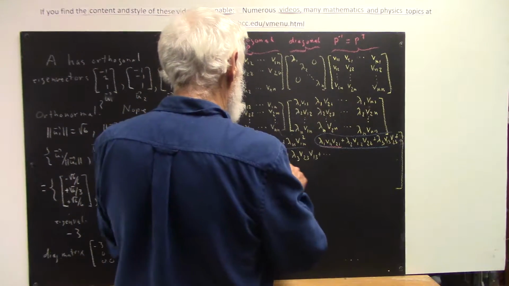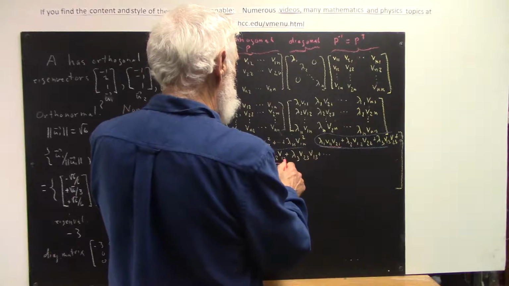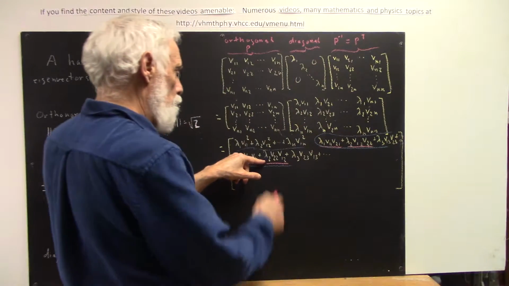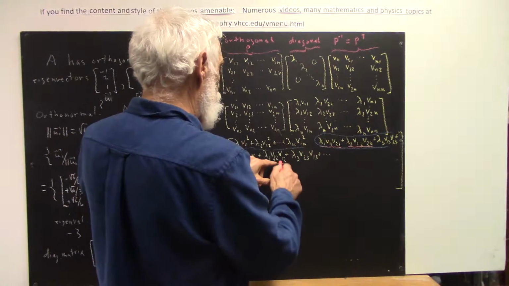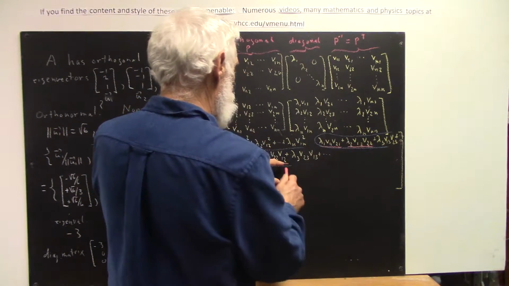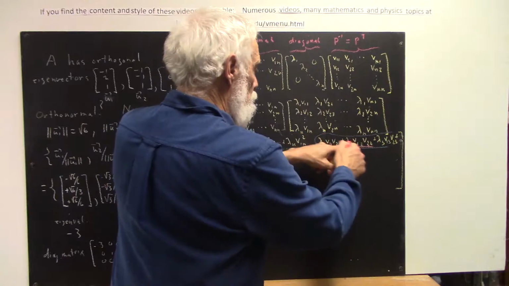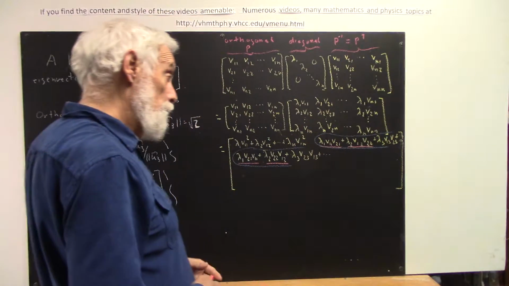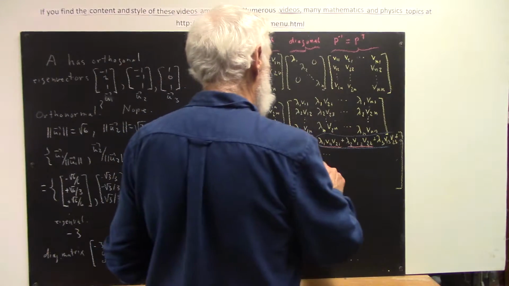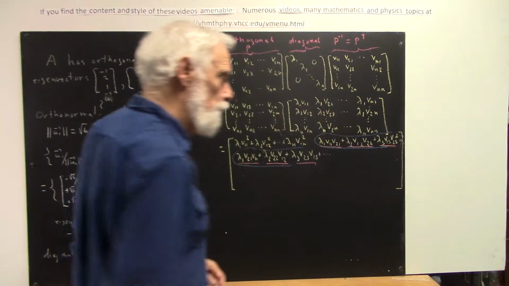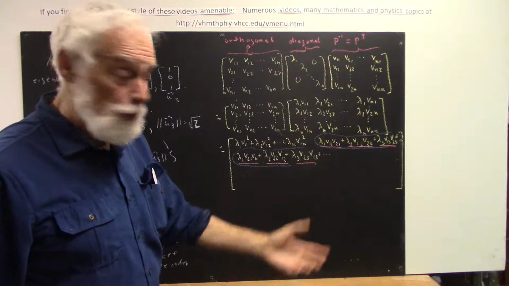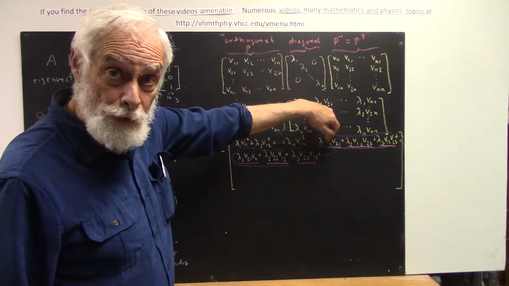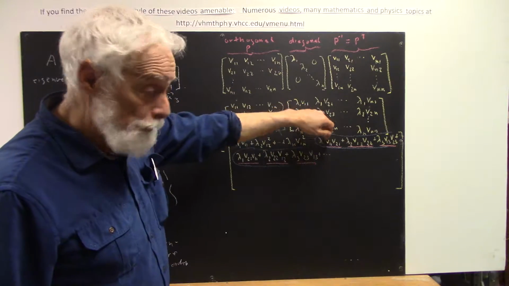Here we got a lambda 2 and a V22 and a V12. We want to compare that with the second element here. Lambda 2, yep. V22, yep. V12, yep. Now they're in a different order here, but order doesn't matter in multiplication. And then we can verify that this one matches this one, and now we're getting pretty convinced, if we think about what's going on, that everything's going to match up, and this is going to be the same as this, which is strong evidence for symmetry.